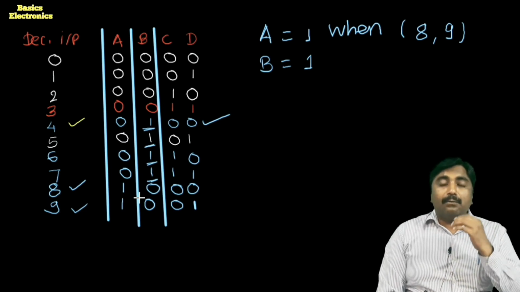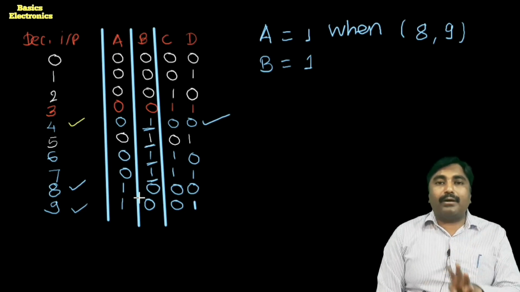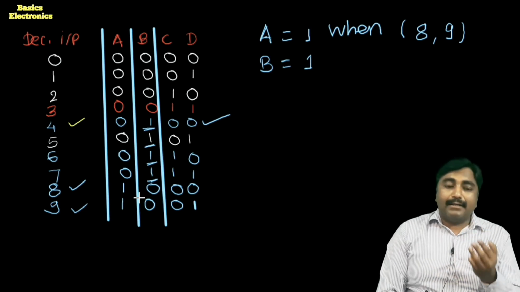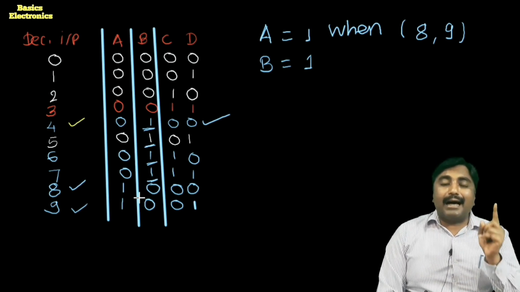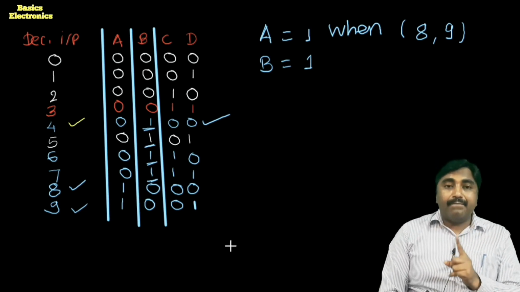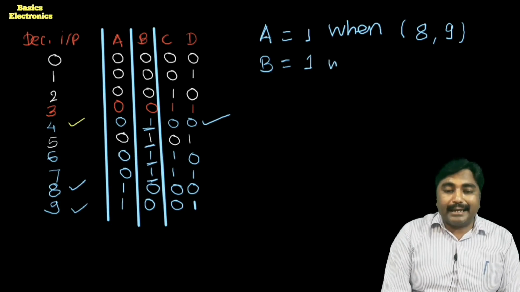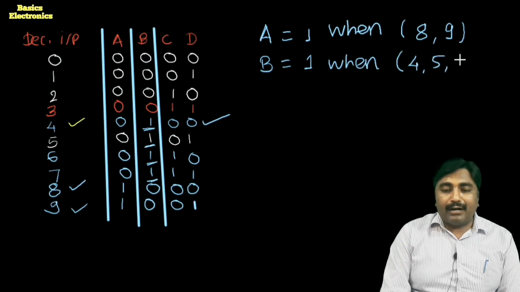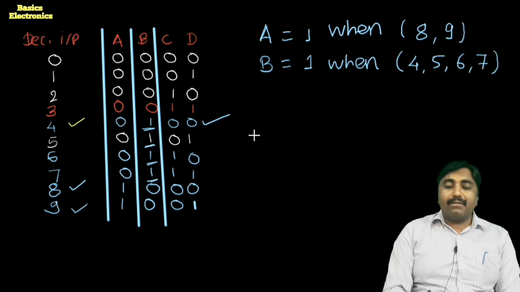What can we say? The output of the second gate B is equal to 1. B is high when switch number 4, 5, 6 and 7 are pressed, which means the switches assigned for the 4, 5, 6 and 7 numbers are pressed at that time only. The output of the B gate is 1. Okay, so B is equal to 1 when 4, 5, 6 and 7 are pressed.